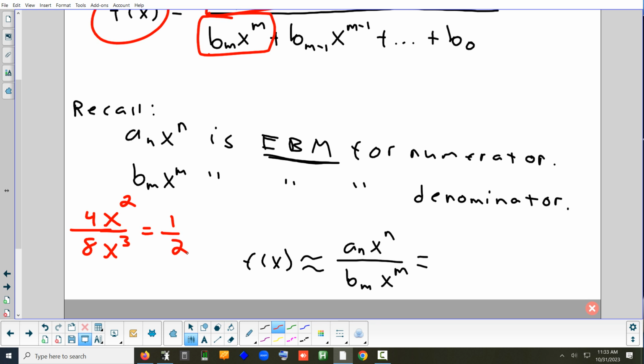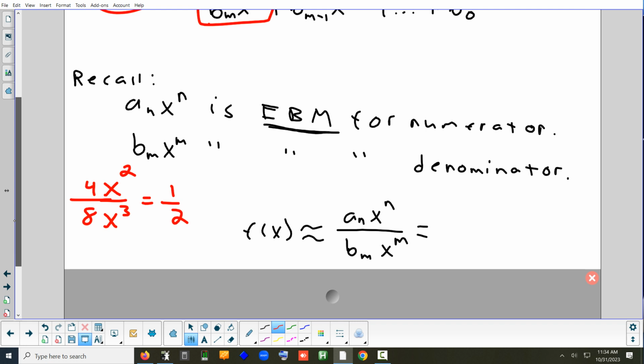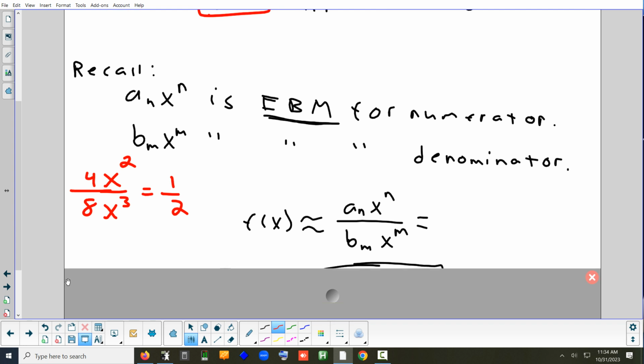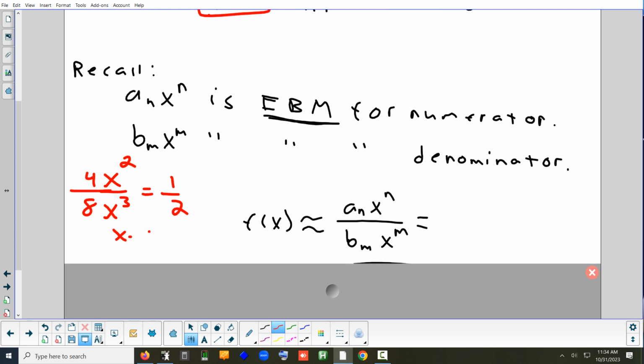We have x squared over x cubed. If you're not sure how to simplify it, think of it like this. That's x squared. That's x cubed. And where is the x going to end up? It ends up in the bottom.